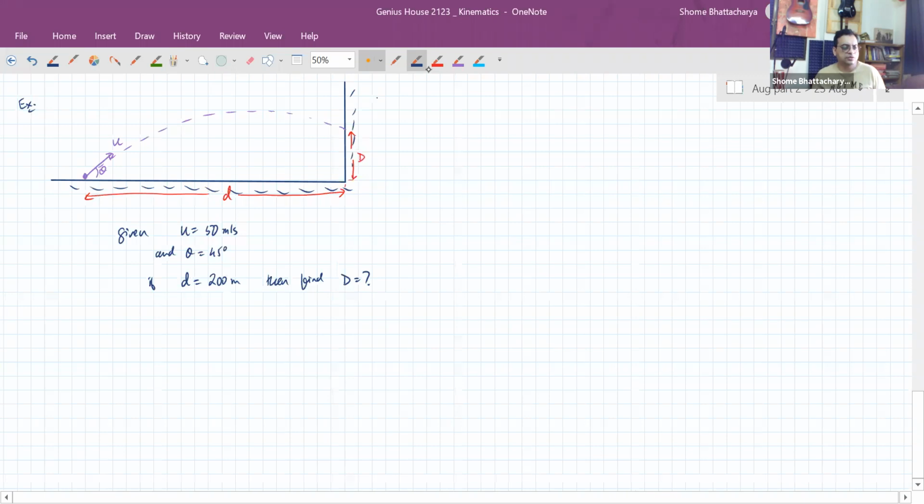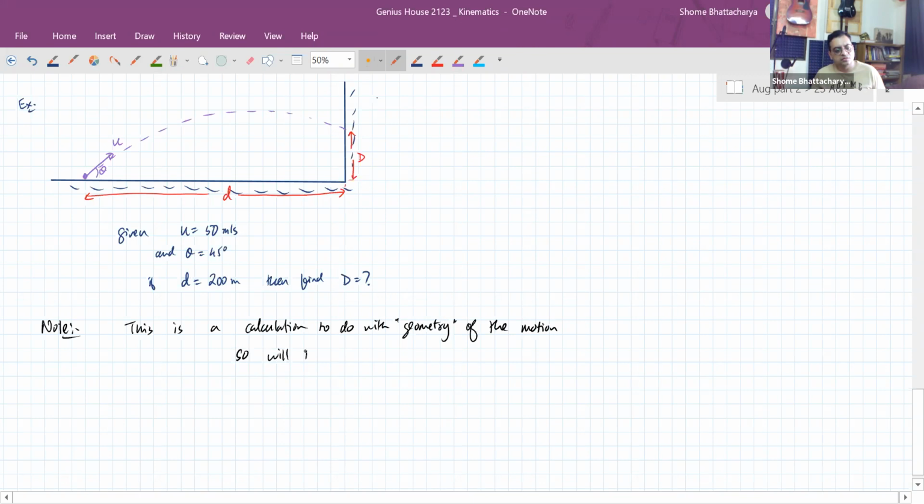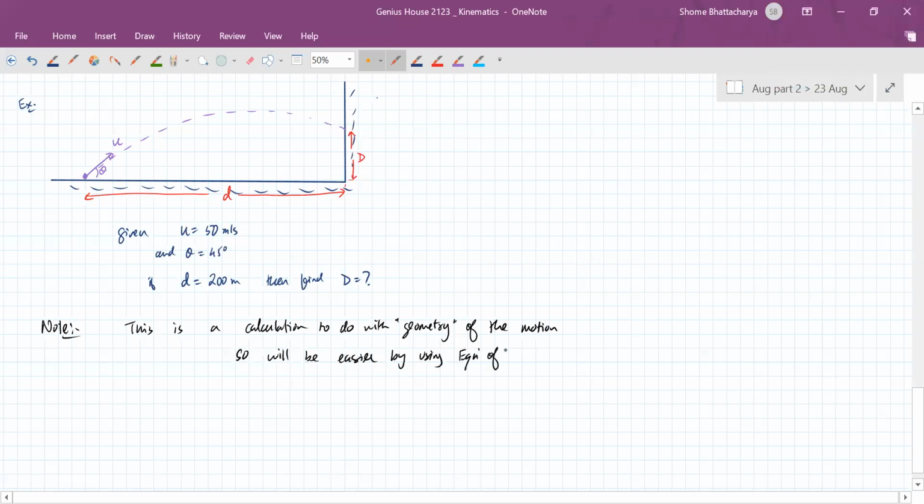Let's understand how it's going to be very effective. This is a calculation to do with the geometry of the trajectory, so it will be easier by using equation of trajectory.